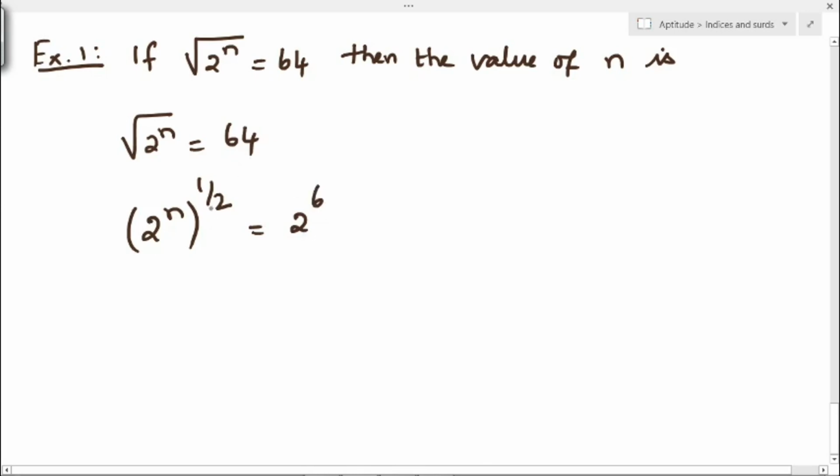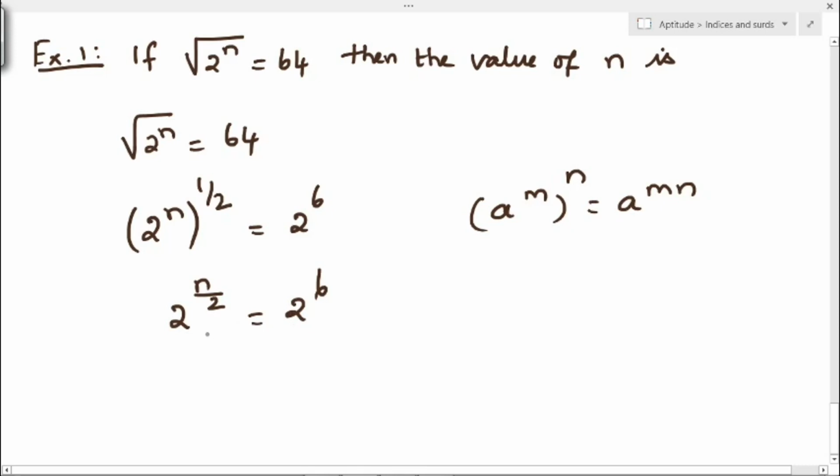So this can be written as 2 to the power n × 1/2, which is n/2, because this is of the form (a^m)^n, that is a^(m×n). So we multiply these two, and n/2 is the power, equal to 2^6.